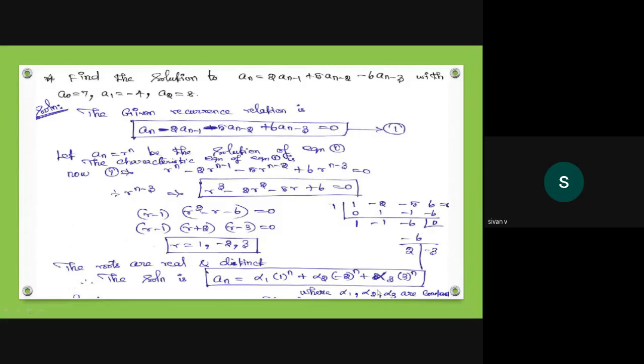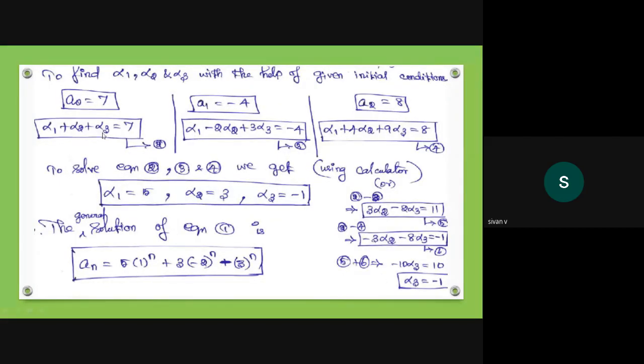Just arithmetic. Next, n = 2: alpha1 + 4 alpha2 + 9 alpha3. That's all.